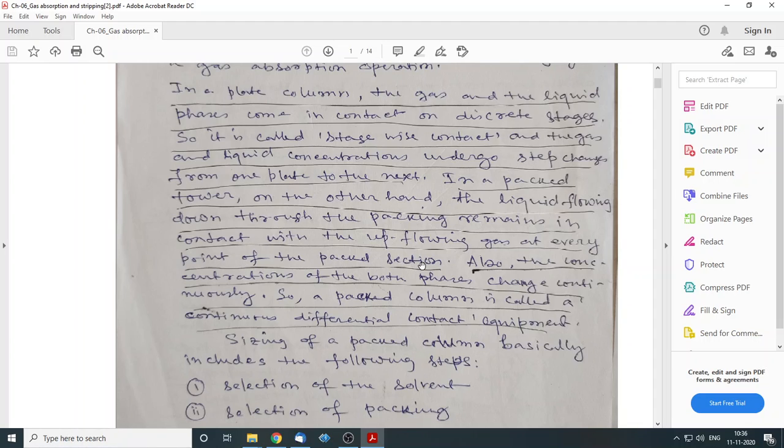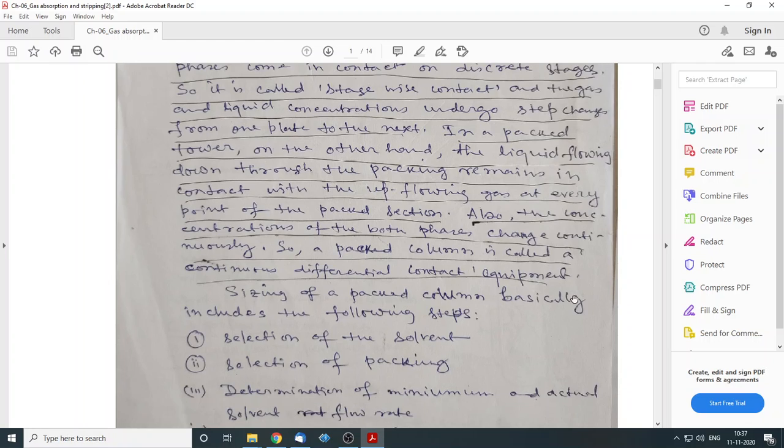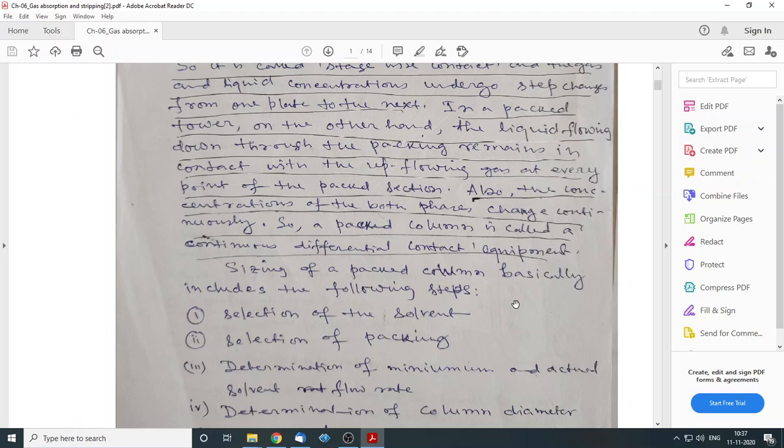The liquid is flowing continuously from the top and the gas is flowing continuously from the bottom, and there is a continuous contact between liquid and gas. Also, the concentrations of both phases change continuously. So the packed tower is called a continuous differential contact equipment.